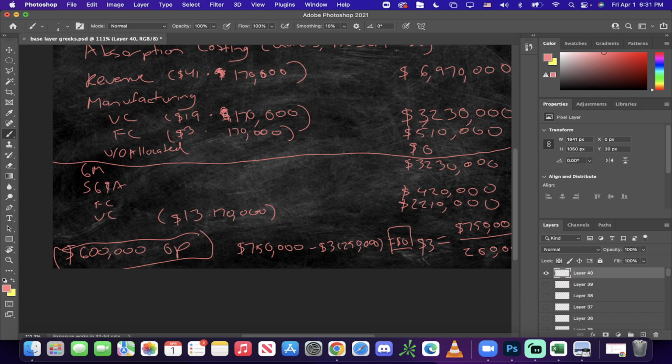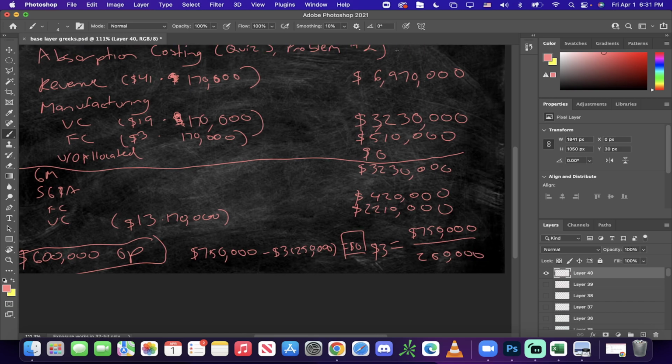So would the over/under allocated cost be 240,000? I got 0. Okay. So the actual manufacturing fixed cost is 750,000?